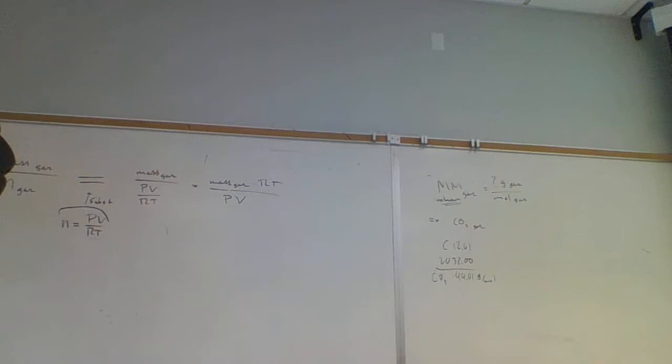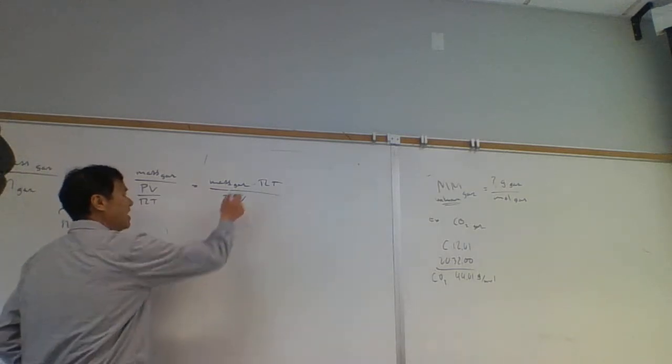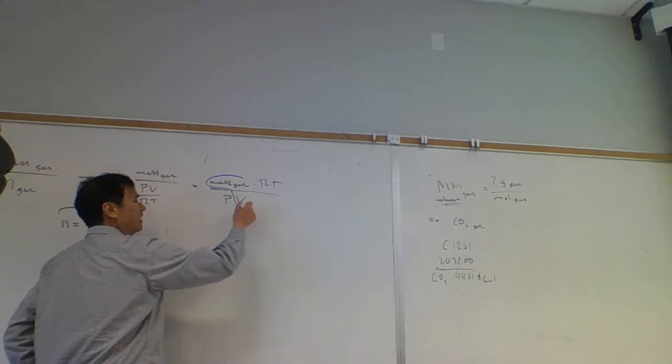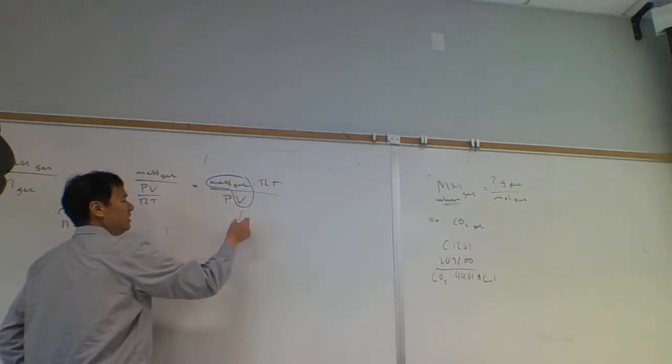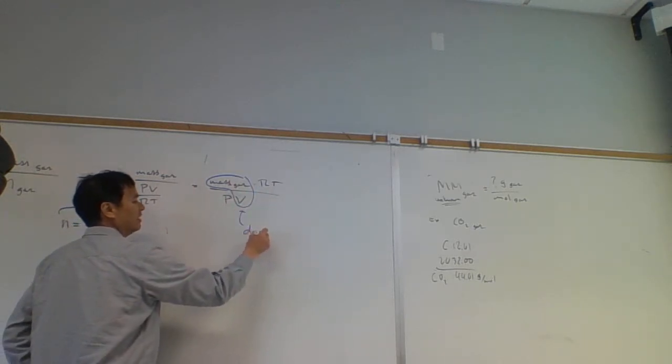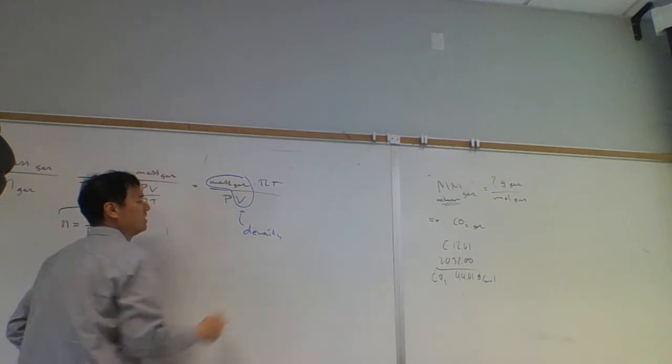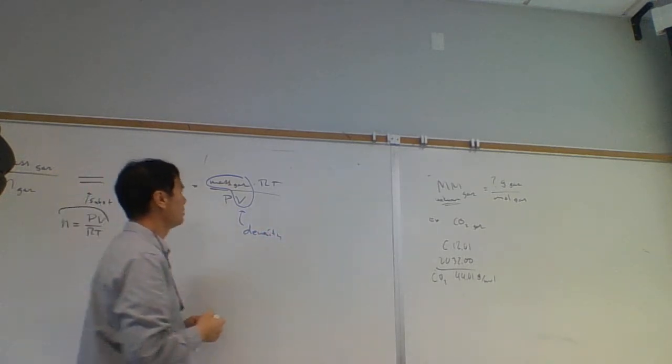But there's something else that we can do, and that something else is that sometimes it's easier to get the density. You know what mass over volume is? Density. And so sometimes we know what the density is. We can look it up in a table.